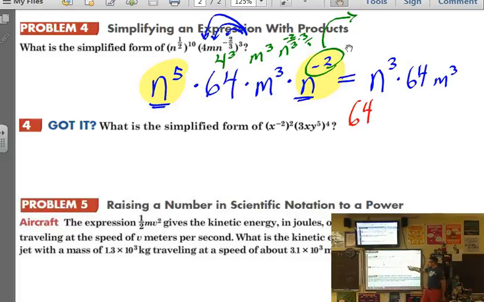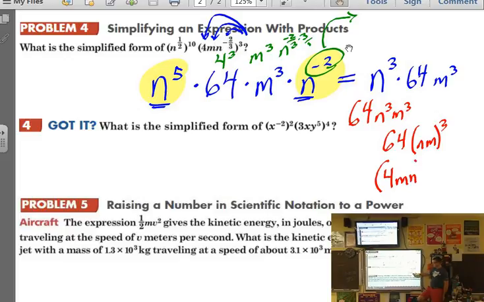You could write this 64 n to the third, m to the third, or 64 nm to the third, or since 4 to the third is 64, we could say this is 4mn to the third. Would that still count as being fully simplified?